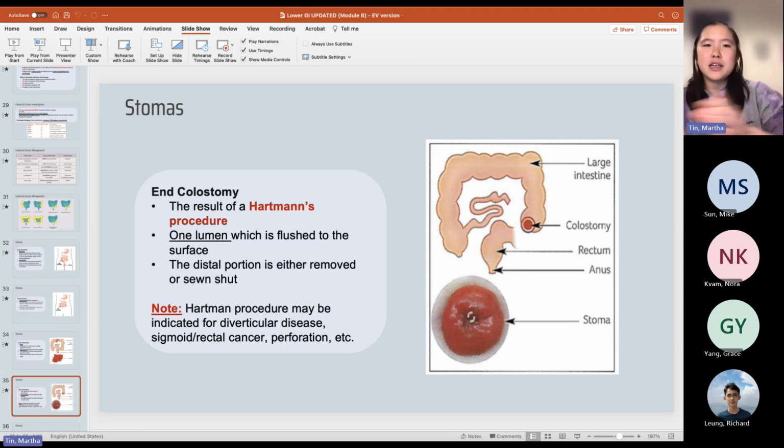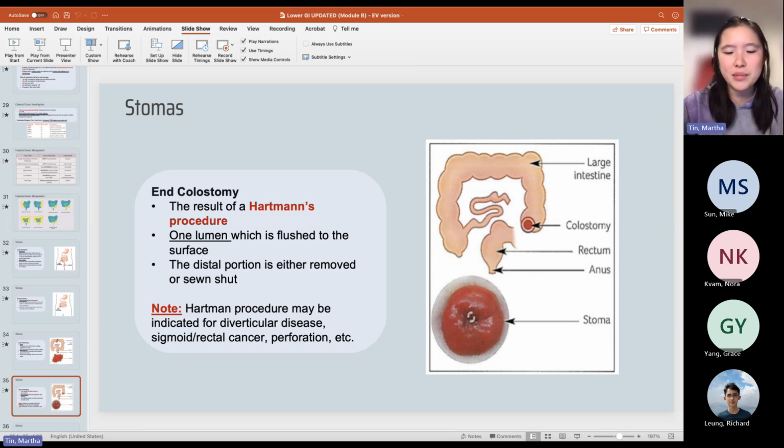Sometimes, like it says here, this is a result of a Hartmann's procedure, but sometimes they split the Hartmann's procedure into two parts. In that case, the stoma can potentially be reversed. An important thing to know about the Hartmann's, we'll talk more about this later, is that nowadays it's not usually planned.